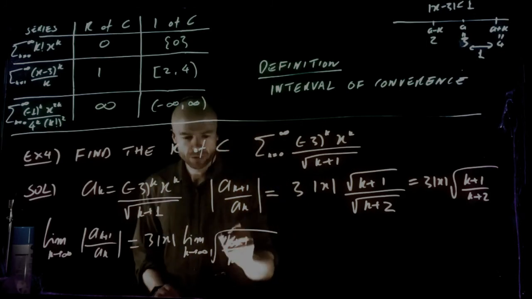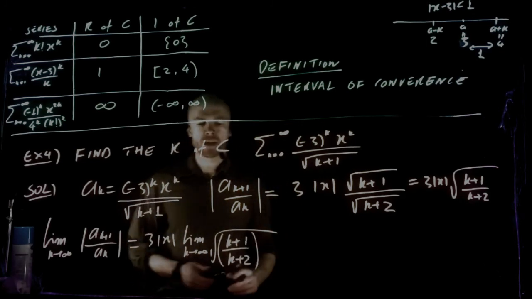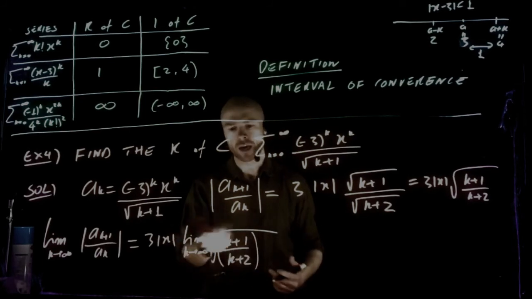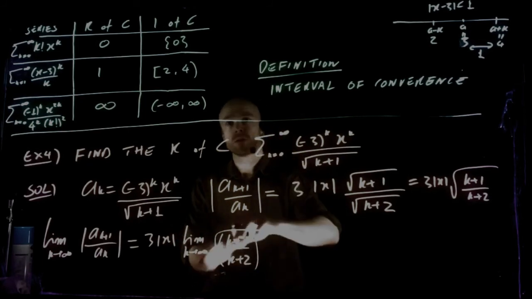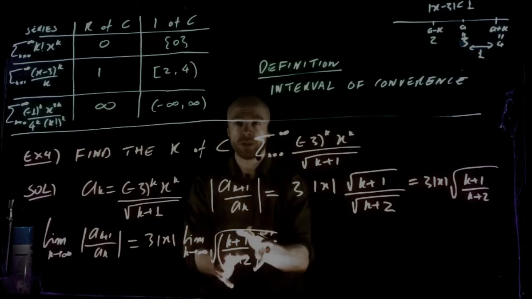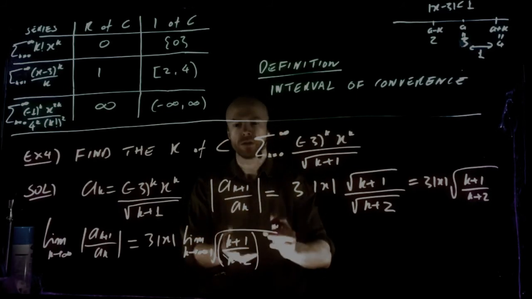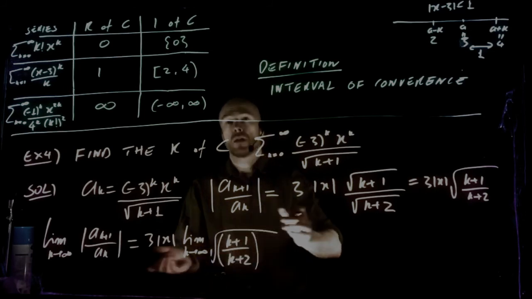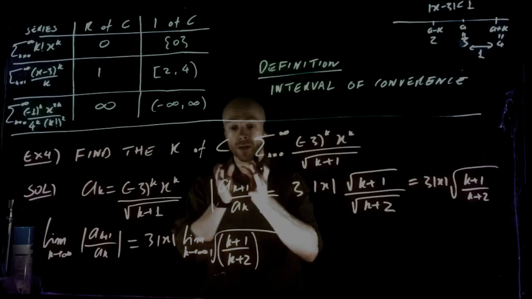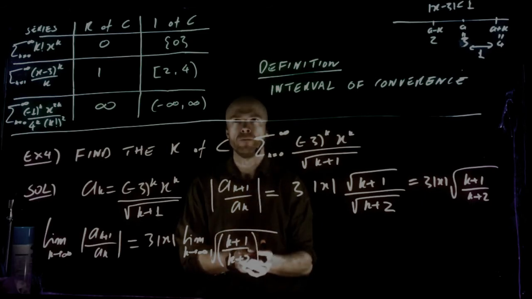Okay, if you just focus on the thing inside the brackets, the limit as k goes to infinity of this is clearly 1, right? You can just factor k from the top and the bottom. And then the square root function is a continuous function. So we just have a sequence tending to a limit, and then we're applying a continuous function, right? And the square root of 1 is just 1. So this thing itself is just tending to 1.